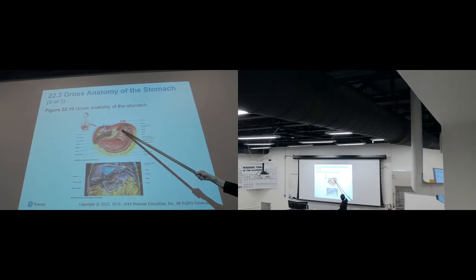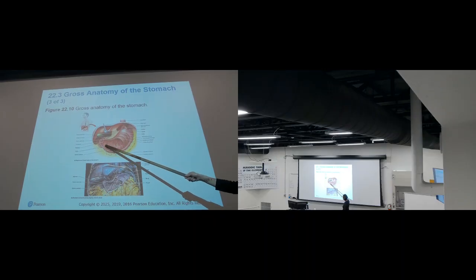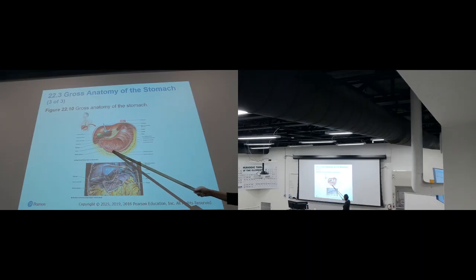The region close to the esophagus is called the cardiac region. The dome-shaped region here on the left side of the cardiac region is called the fundus. And then from the fundus up to this last part, which is called the pyloric region or pyloric canal, we have the body.